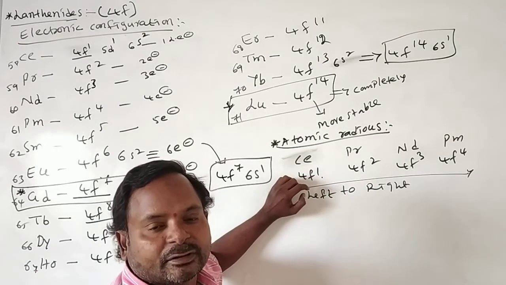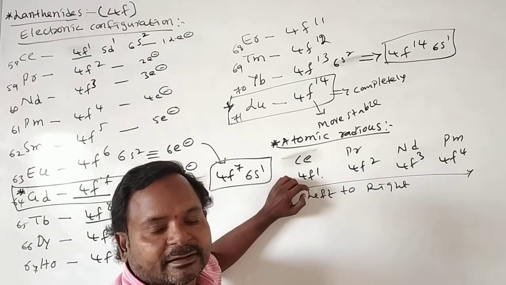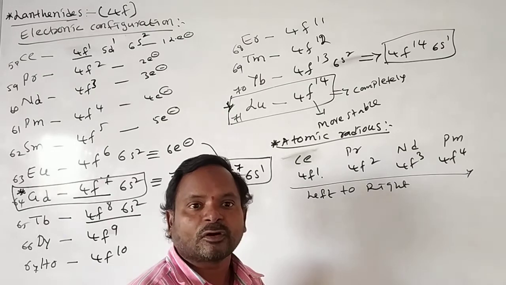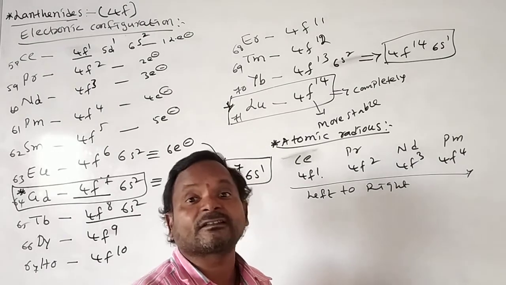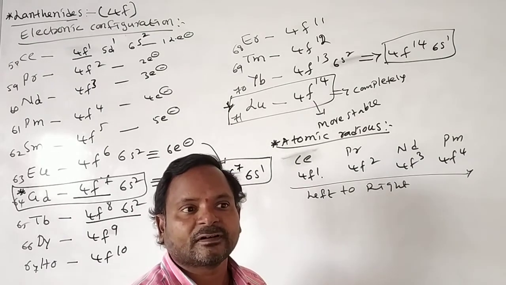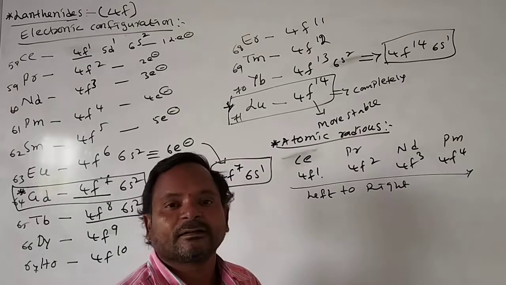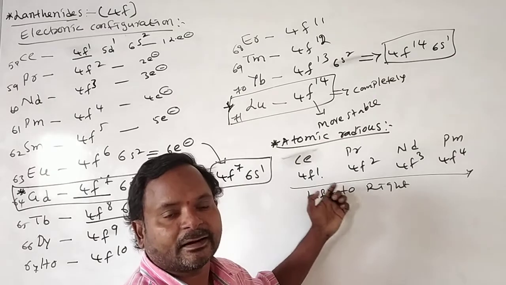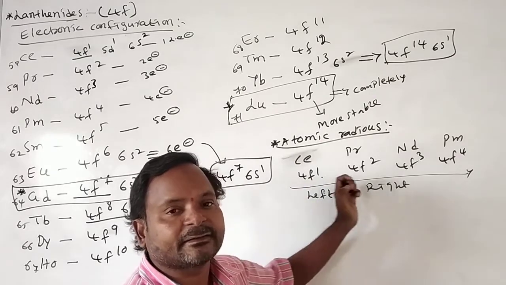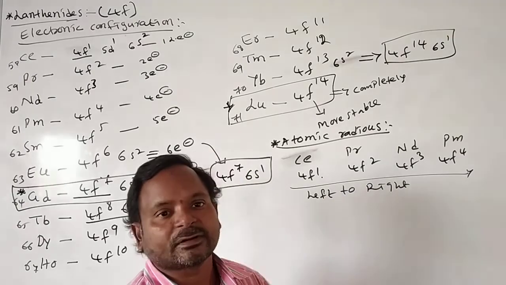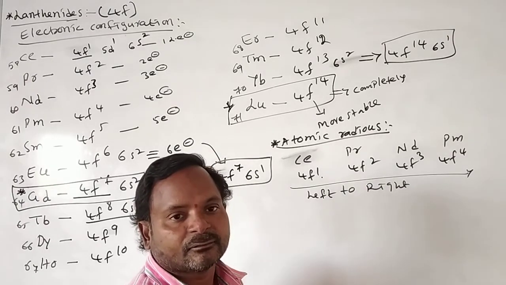By increasing the nuclear charge, the attraction between the nucleus and the outermost orbit increases towards the nucleus. That means the atomic radius gradually decreases from left to right.